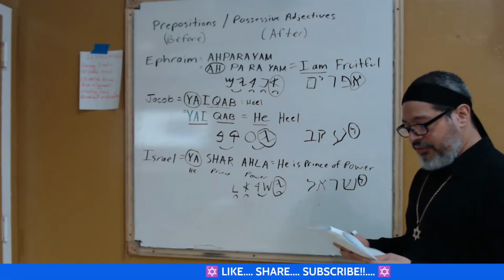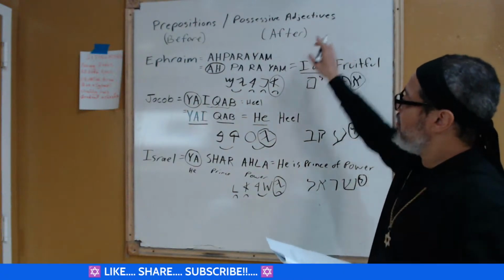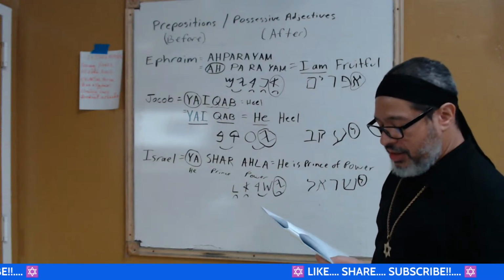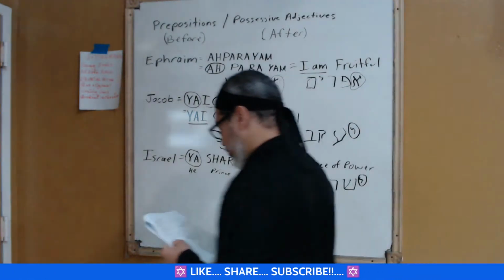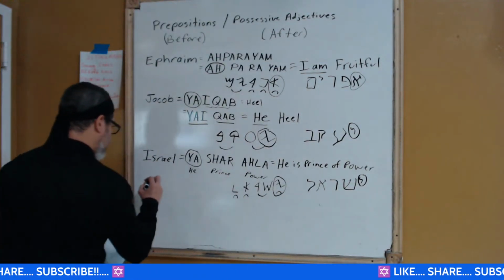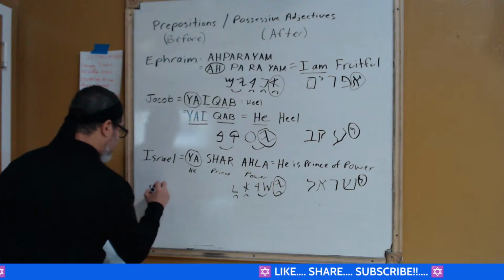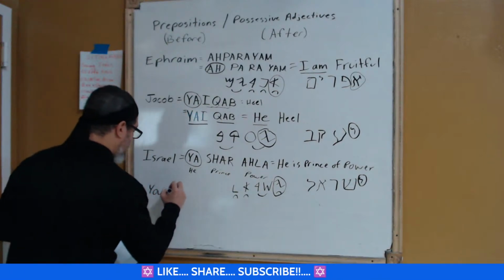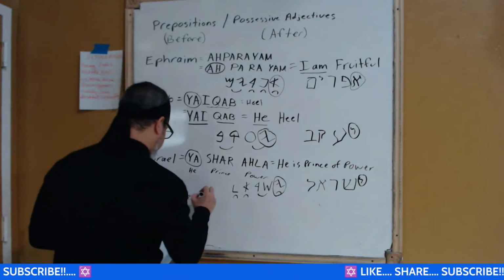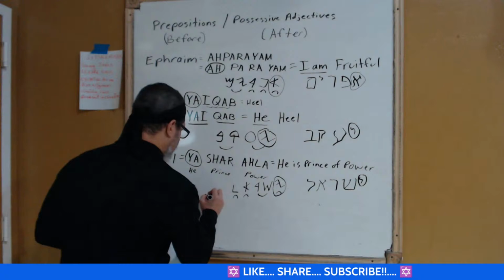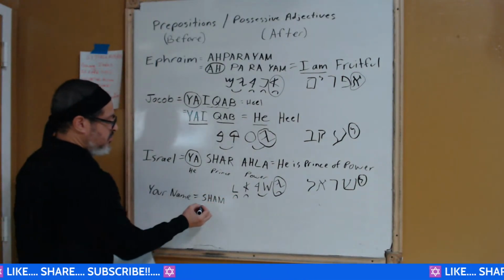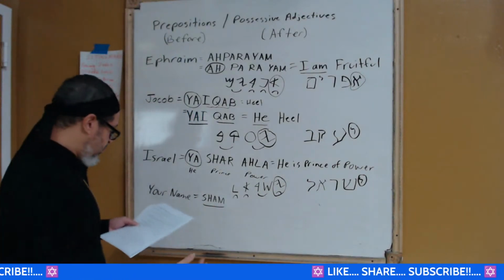And let me give you an adjective then. So one that comes after. Since we're working with names, I'm going to teach you your name. So if we say your name, that would be equal to Sham, which is name.